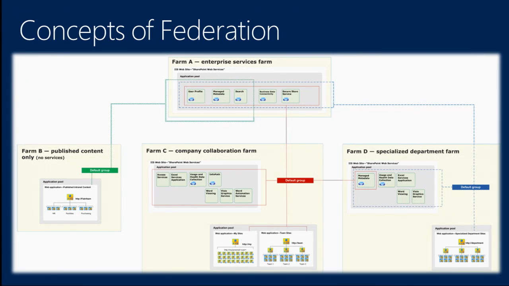But basically what happens is we have a farm that has these services and they get published. The publishing part is what we're going to talk about in the demo, on exactly how that gets set up. Once they get published, there's a relationship that gets built between one farm and the other. And that's really the point of the demo that we're going to do.